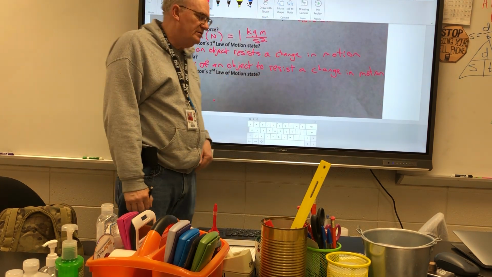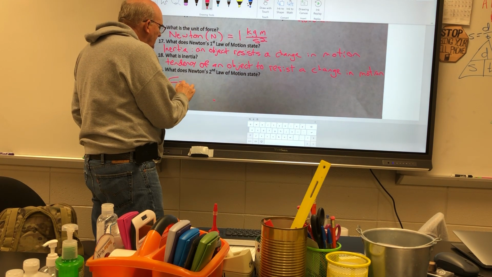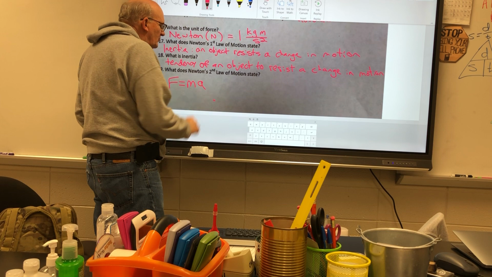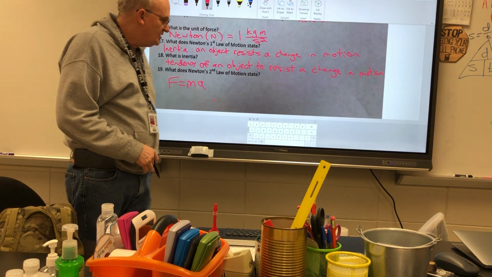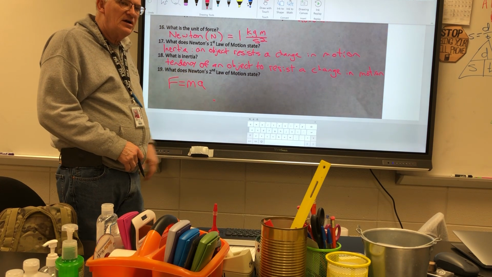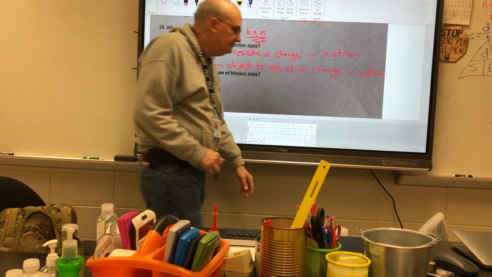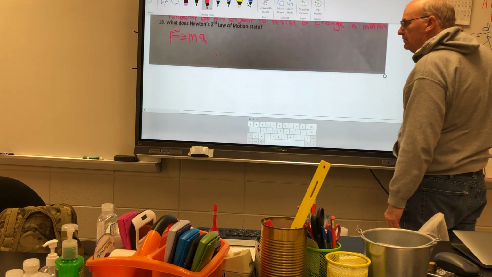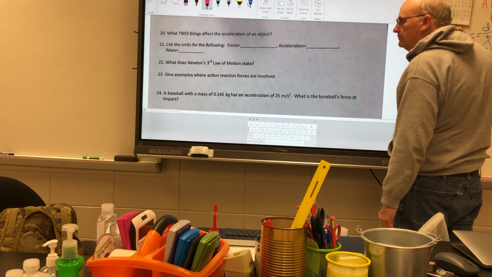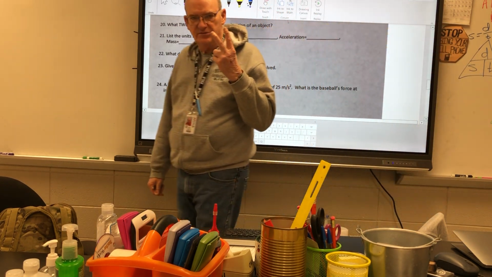Newton's second law states that the acceleration of an object is directly proportional to the force and inversely proportional to the object's mass. It's commonly stated as a formula, F equals ma. Two things affect the acceleration of an object.